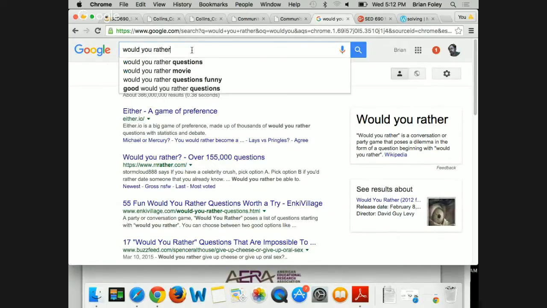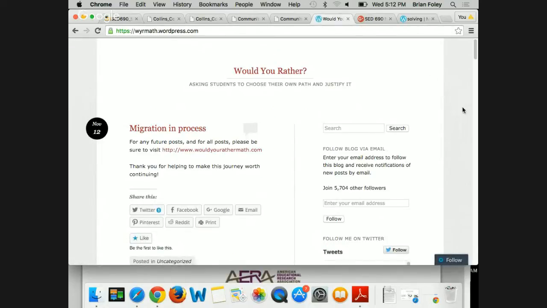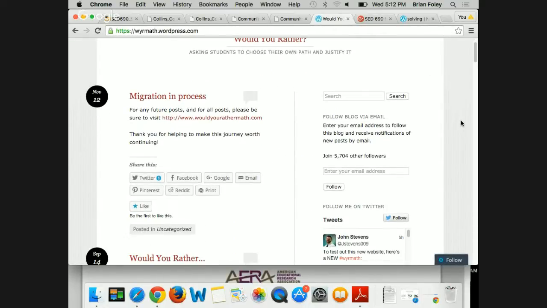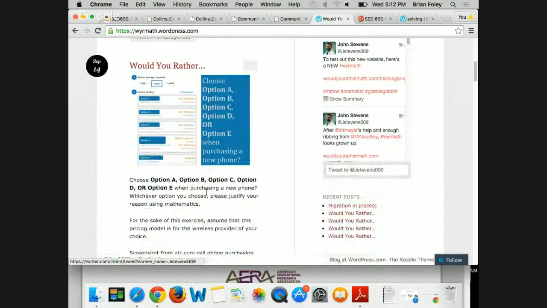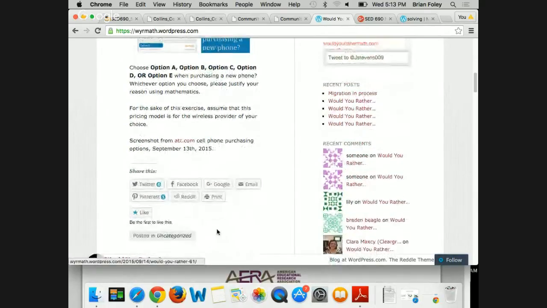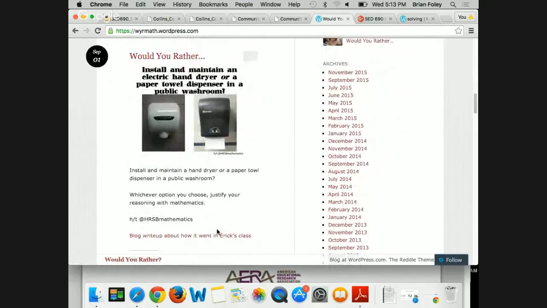So the URLs, would you rather maps.com? Use that one in there. Is it this WordPress one? Yeah, I think so. Okay. And so they give you all these different options.